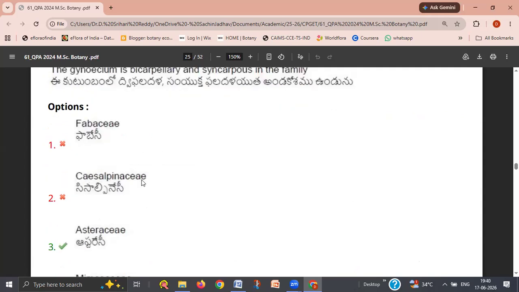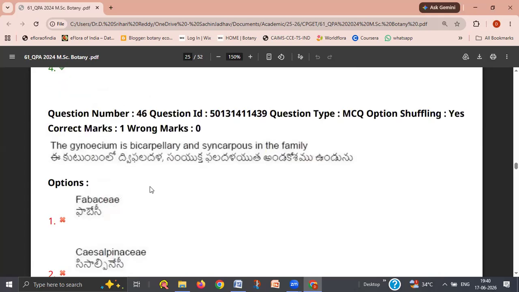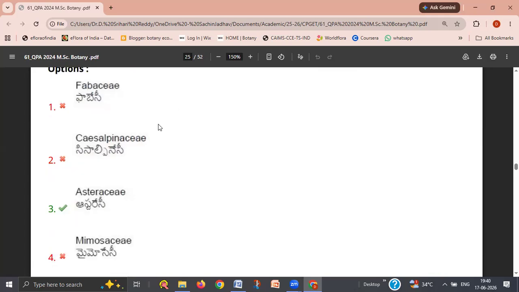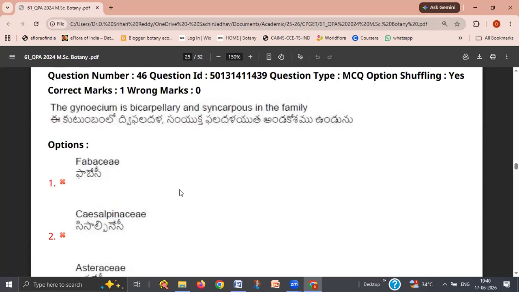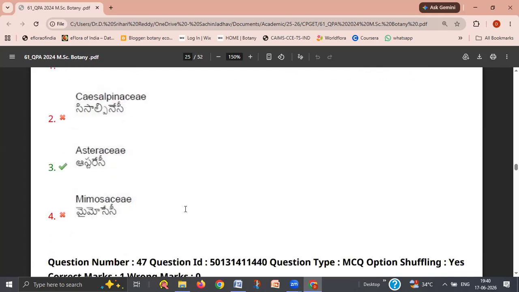And in Caesalpiniaceae also, we see the monocarpellous condition. And next, Asteraceae, Mimosaceae. Fabaceae, Caesalpiniaceae and Mimosaceae all have a single carpel. But Asteraceae has 2 carpels, that is the bicarpellary and syncarpous condition. So the right answer is Asteraceae, bicarpellary condition, G(2). It is written as G2 within brackets.